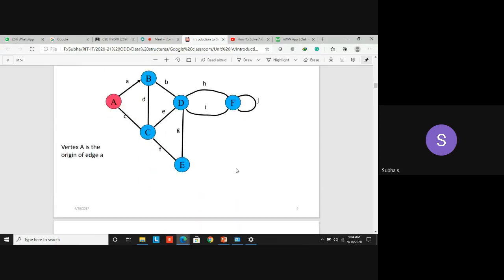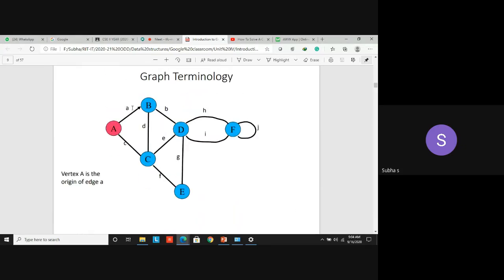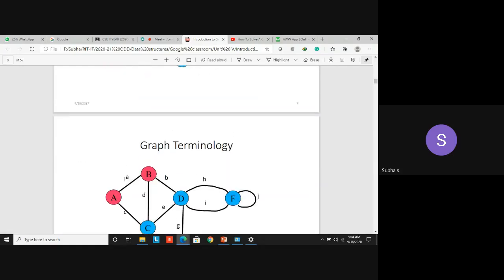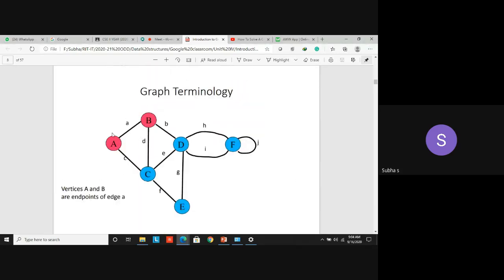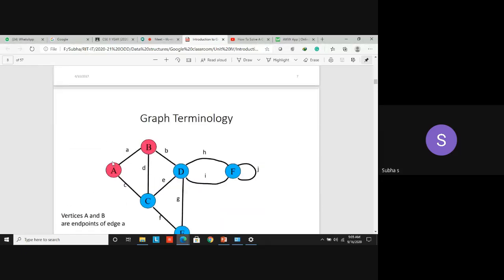Next, now look at the difference between this part. Here in this diagram, A and B are connected through edge a only. But here there is a line with an arrow mark. Vertex A is the origin of edge a because from A there is a path to B. Look at the difference between this representation and this one. Here there is a path from capital A to capital B, and similarly from B to A also through that edge.